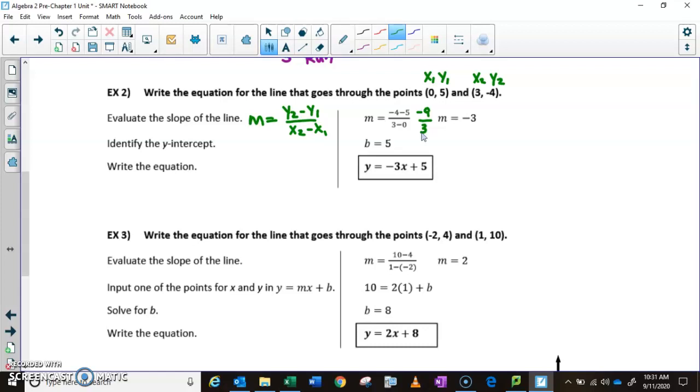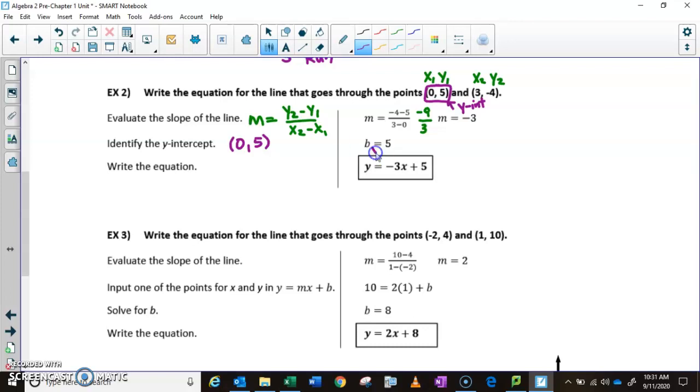Next step will be to find the y-intercept. My y-intercept is where it crosses the y-axis, and they tell us in this case that my y-intercept is (0, 5). So they're telling us the value of b directly is 5. So I now know m is negative 3, and I know my b is 5.